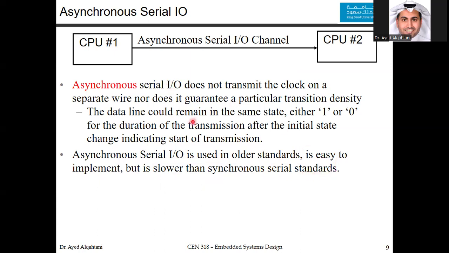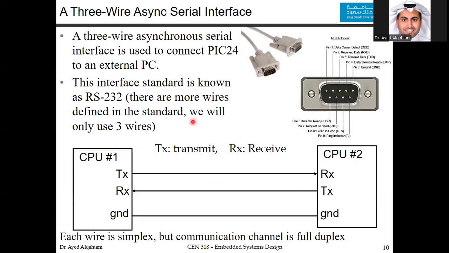That's for the asynchronous. That's an example of the three-wire asynchronous serial interface. This is actually used in old screens, and the replacement for this is the HDMI cables. The three-wire asynchronous serial interface is used to connect the PIC24. It could have been used to connect the PIC24 to an external PC.